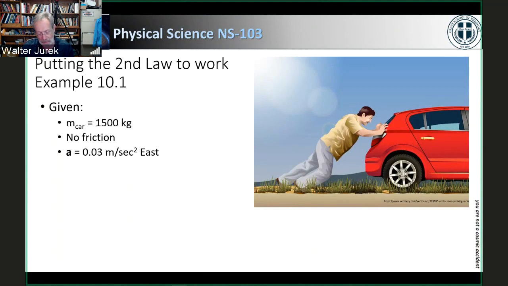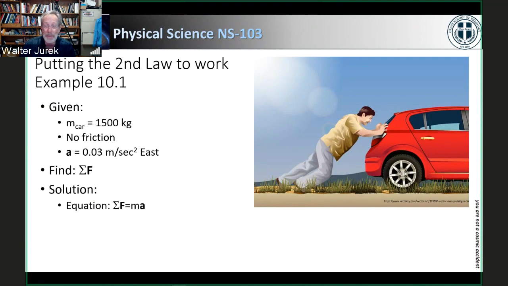So we're told the mass of the car. We're told its acceleration is 0.03 meters per second squared, headed east. It's important that I say east because acceleration is a vector, and I have to have the number and the direction for a vector. So here's the question: how much force is there?